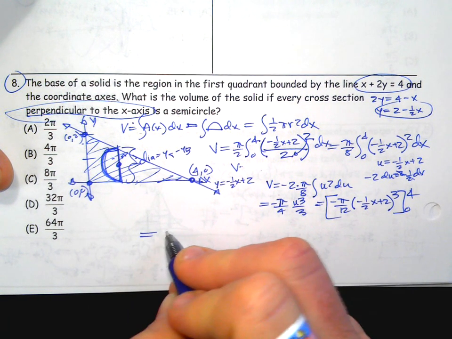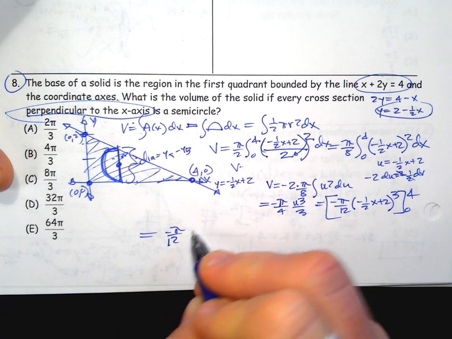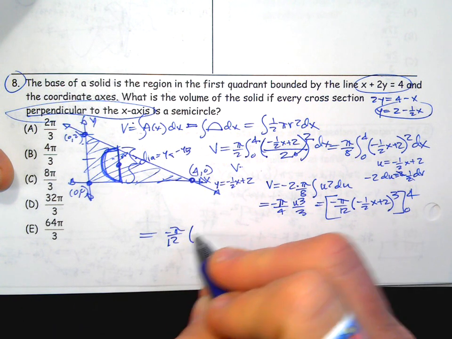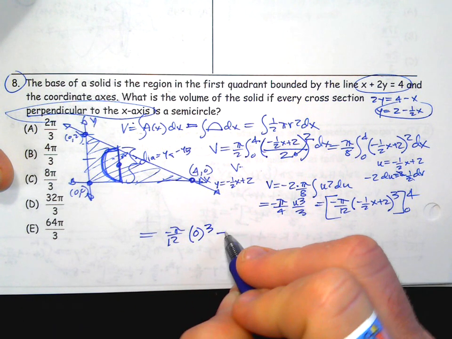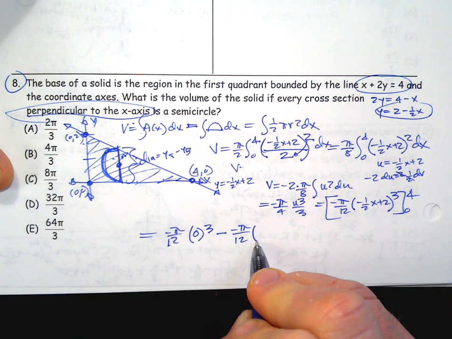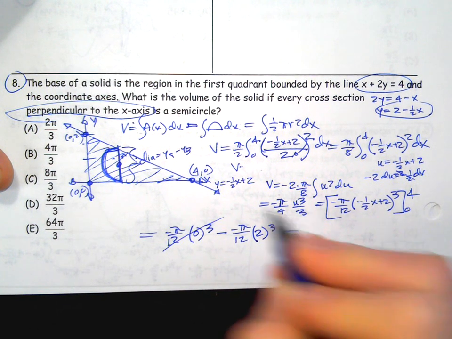So it's getting a little tedious. Plug 4 in, that's negative 2, you get 0 cubed minus, if you plug 0 in, you get 2 cubed. So that looks like it goes away.